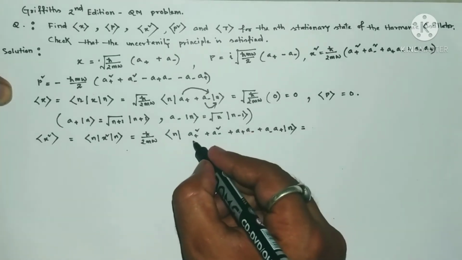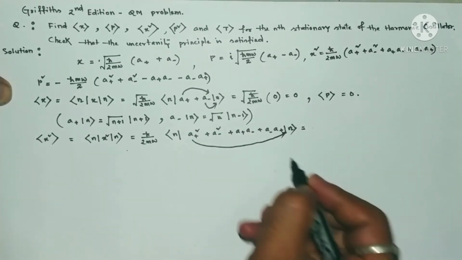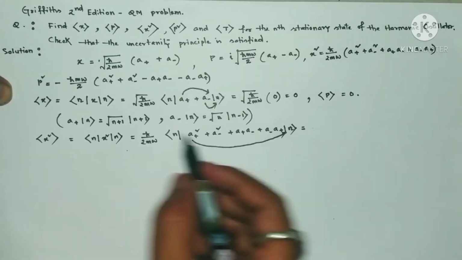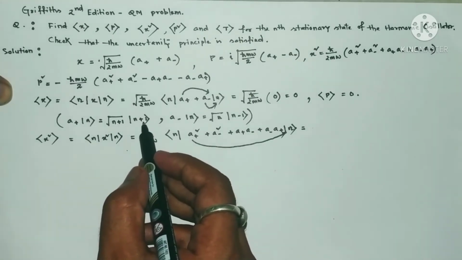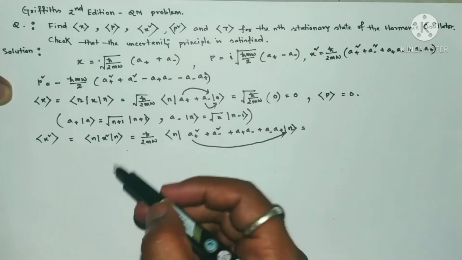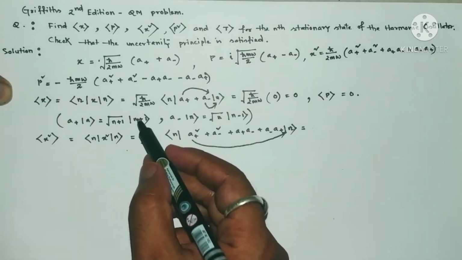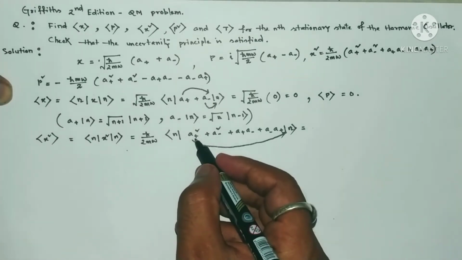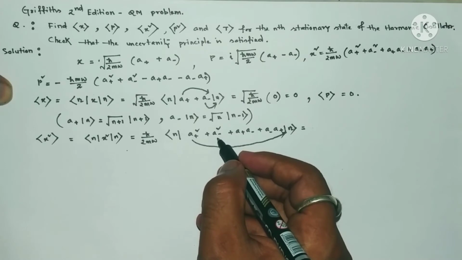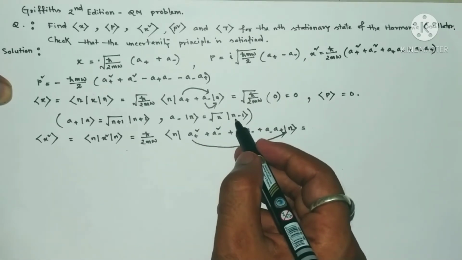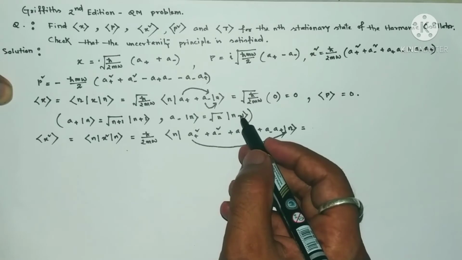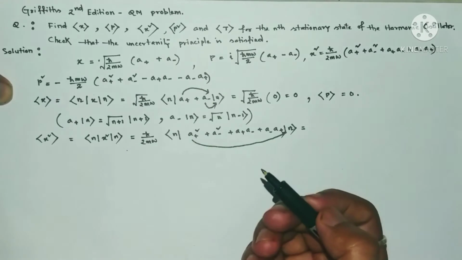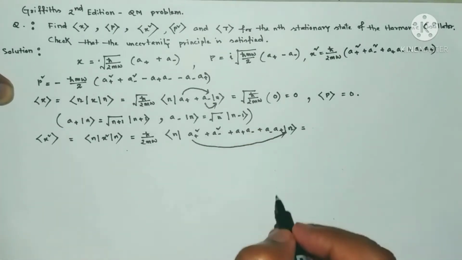When this operates on ket n, it will be incremented by 1: a plus on n gives something times n plus 1, and when we operate a plus once more on n plus 1, it will be n plus 2. The inner product of n and n plus 2 will be 0. The a minus square term will also be 0, because it will be n minus 1 and then n minus 2, and the inner product of n minus 2 with n will be 0. Fine, so these two terms will be 0.